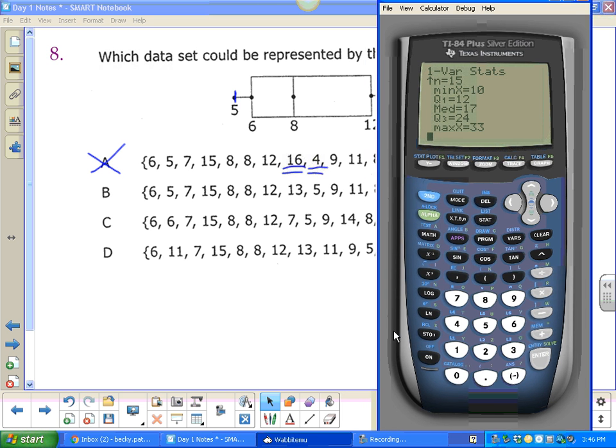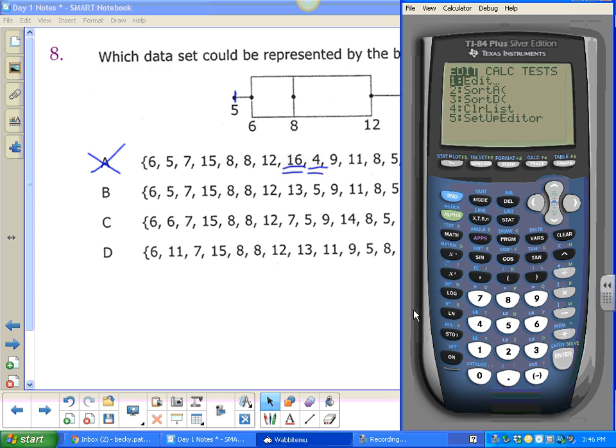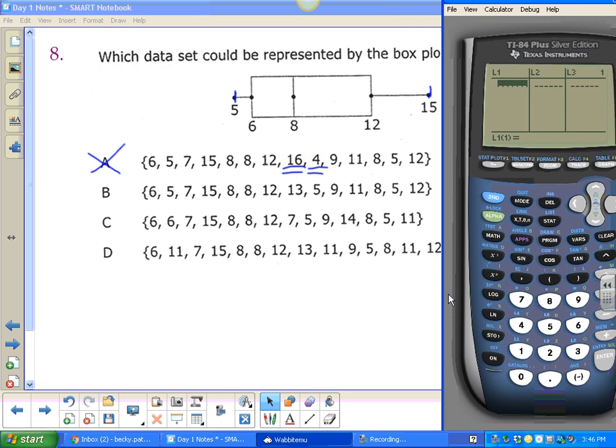So now what I'm going to do is take each of my answers and plug them into my L1, and get their 5-number summary.